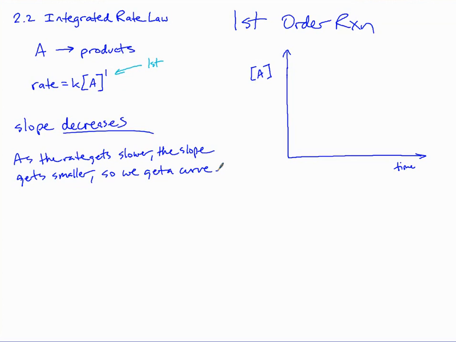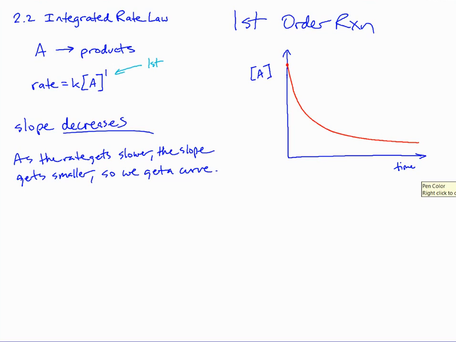So here's what it's going to look like. Here's my initial concentration for A. And so what happens is the reaction starts off really fast, and the rate starts to slow down. You can see this reaction is slowing down, and eventually kind of levels off, something like this.